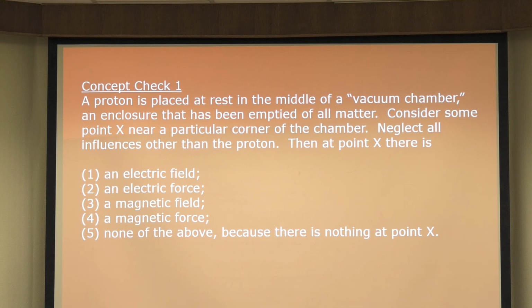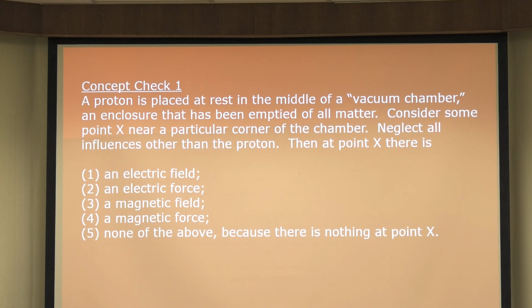Neglect all influences other than the proton. So you have a proton in the middle of the room, and we're considering some corner where we say that's X. At point X, what is there? So, pause your video and figure it out.